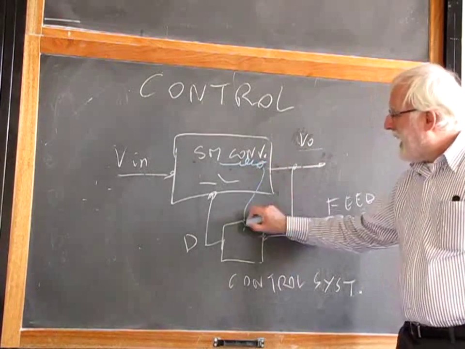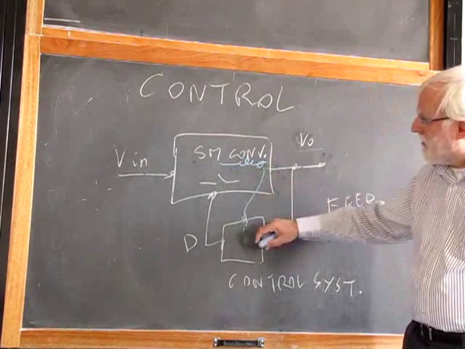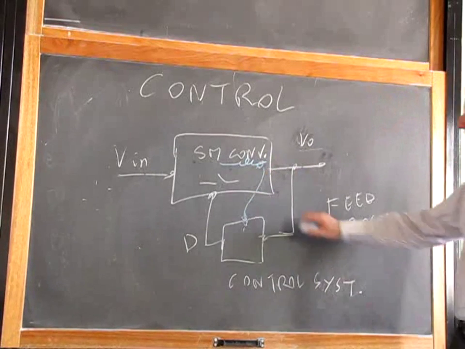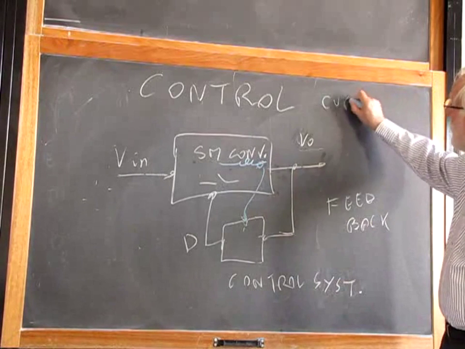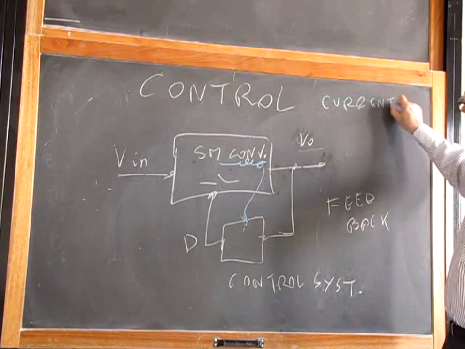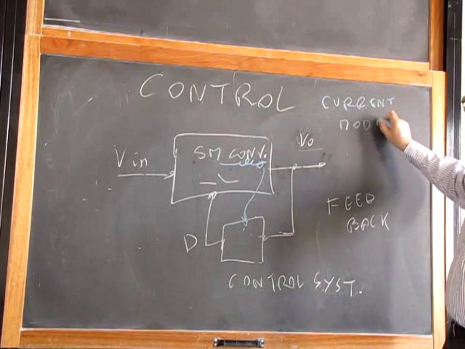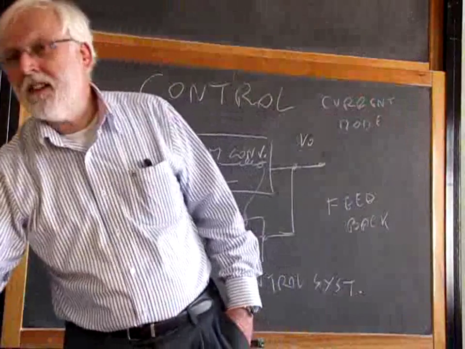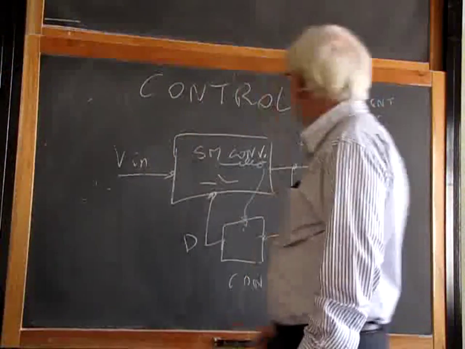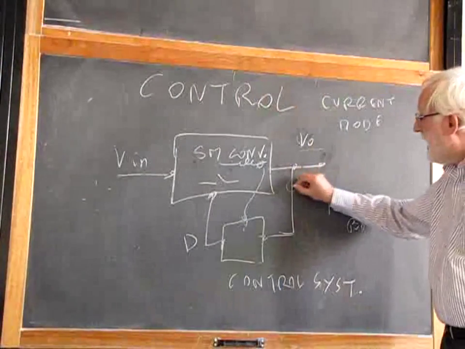And when we add this extra piece of information fed to the control system, we talk about current mode control. Current mode control means measuring both the output voltage and the current through the inductor.